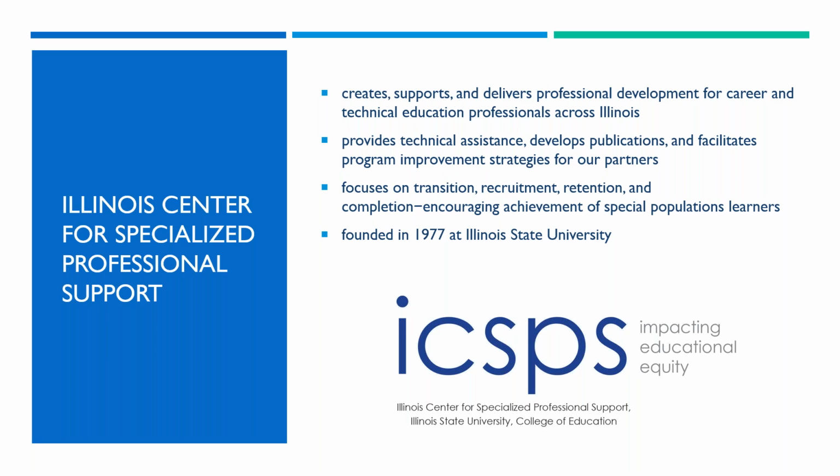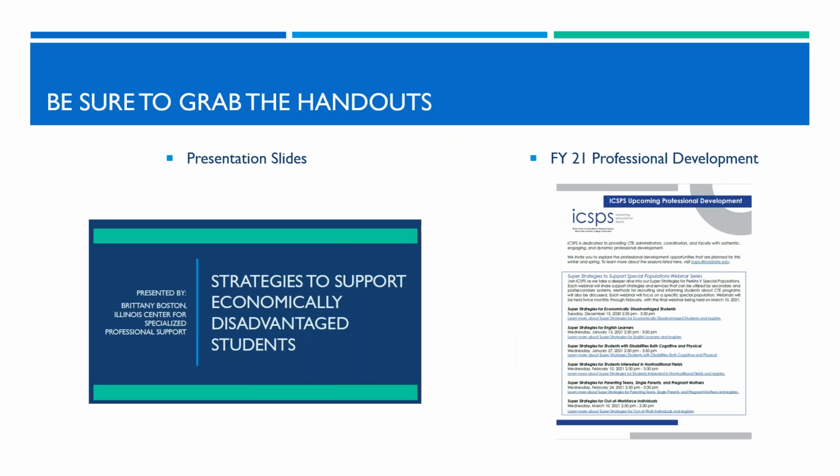Our focus is on providing technical assistance, developing publications and resources, and facilitating program improvement strategies for our partners, focusing on career and technical education professionals across Illinois, when it comes to retention, recruitment, and transition of special populations learners. So that's a little bit about our center.